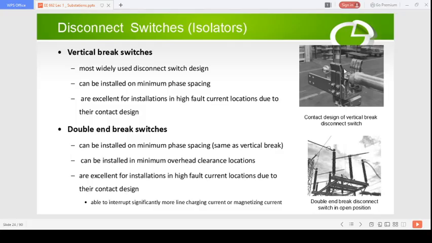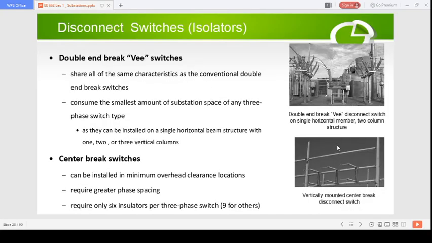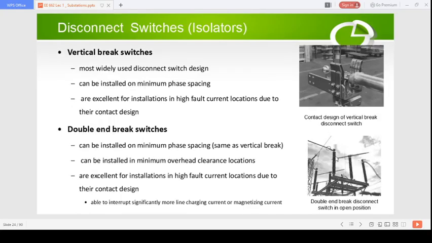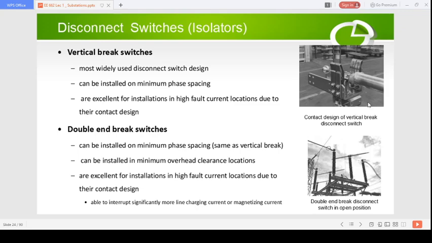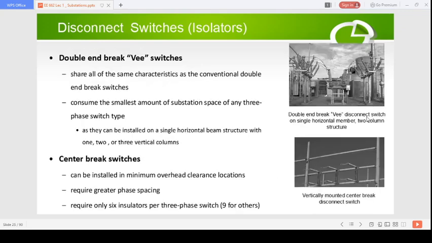This is the same thing as this, but these insulators are arranged in a V type mechanism, and you can see that the ground needed to install this type of isolator is less compared to the other one.